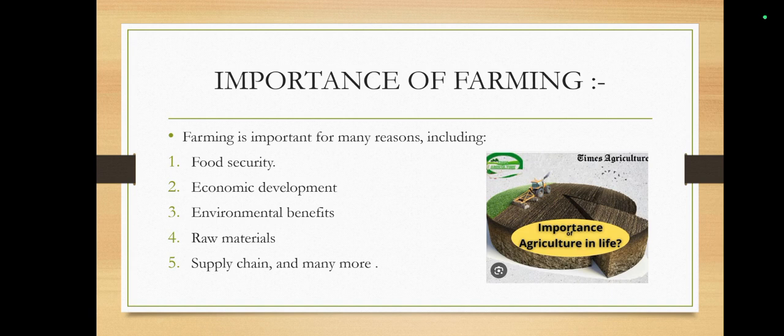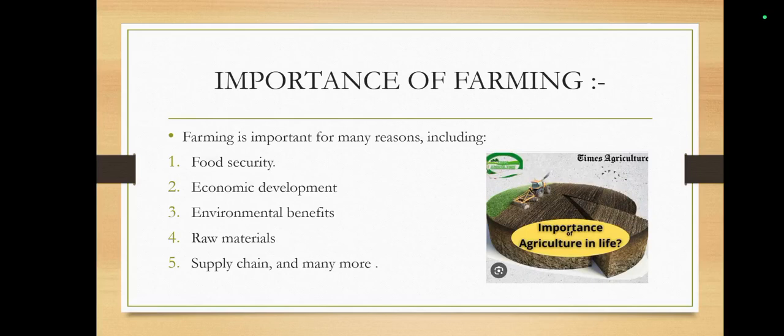Economic development. Now, how can farming help in economic development? Farming is a vital source of employment and can help reduce poverty. Environmental benefits. Farming can help maintain the balance of life in the environment, including healthy biodiversity, reduced erosion, and more effective water conservation.